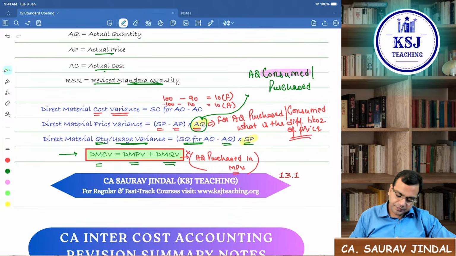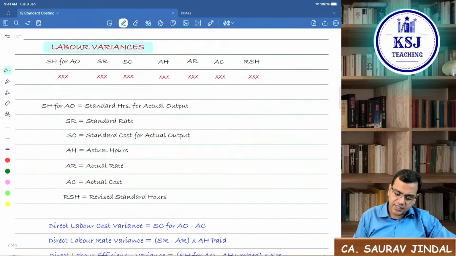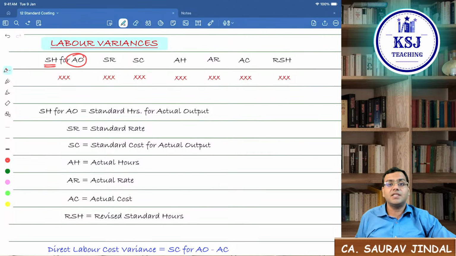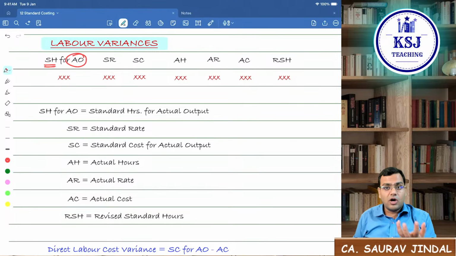Again, we'll calculate the same thing. For labor variances, again we'll calculate standard hours for actual output. Obviously, the standards can be compared with the actuals only if it is for the same output. So we calculate, for the actual output that is manufactured according to our plan, what should have been the standards?